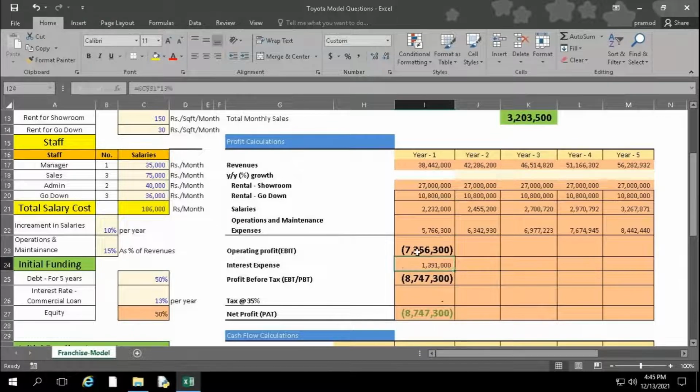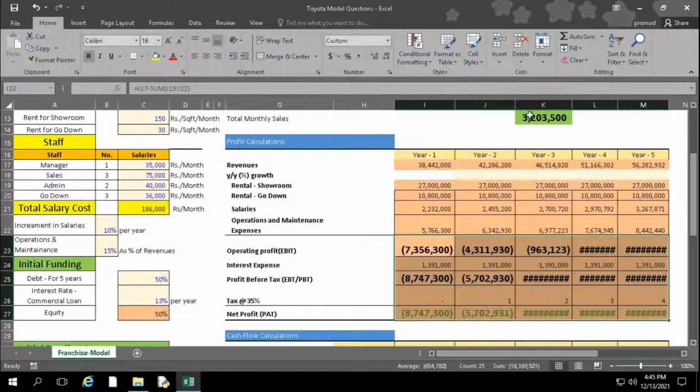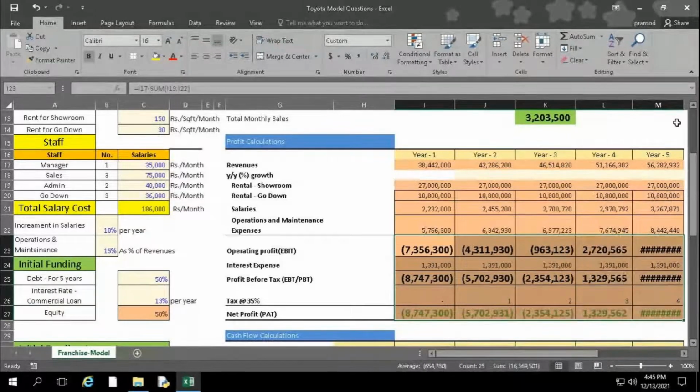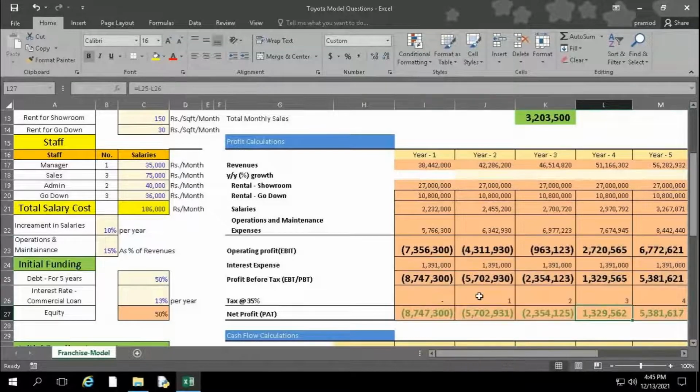Okay, sir. Is it that format we have to get like that every time, or is it okay, sir? Anything is fine. You might also get the profit. So from the second year, whenever it is negative, there is no calculation you do.